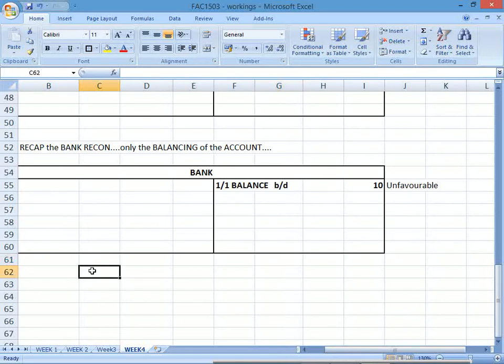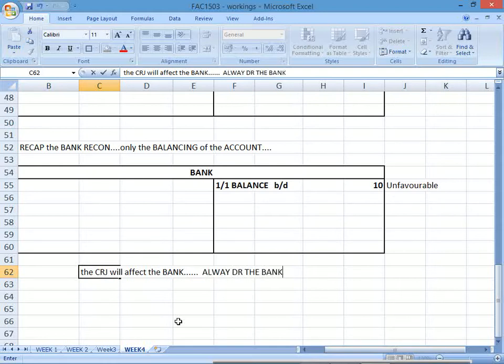Right, what transactions or what journals will affect bank? The CRJ will affect the bank account. Do you agree? Okay, in your notes we said always debit the bank. Why? Because you're receiving money. Okay, it doesn't matter where you receive the money from. CRJ. If the owner gives capital, will the bank go up? Yes.